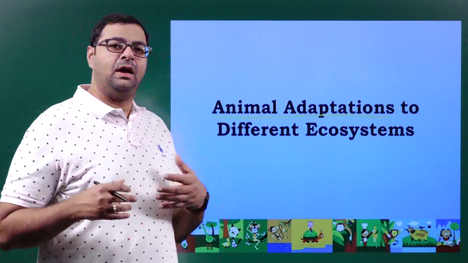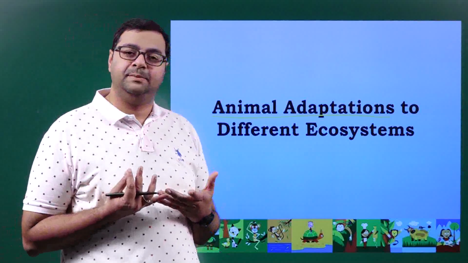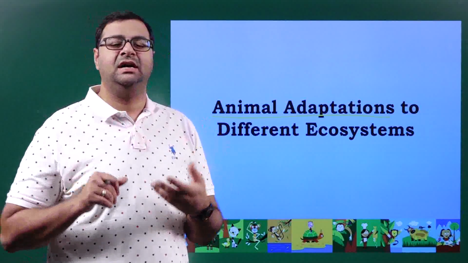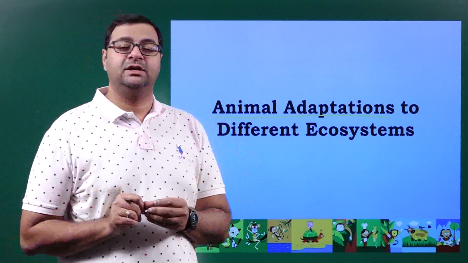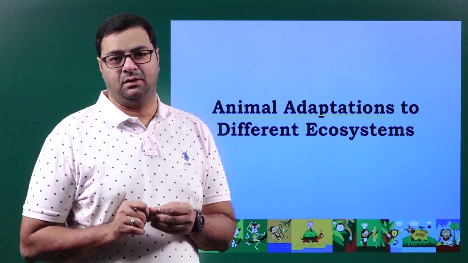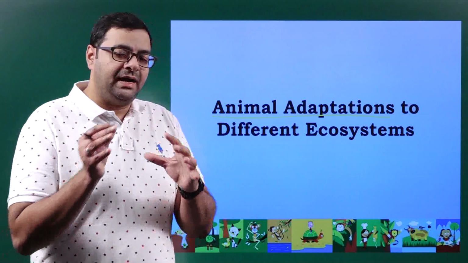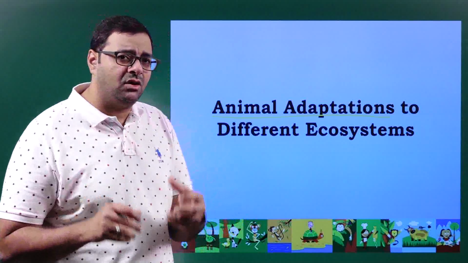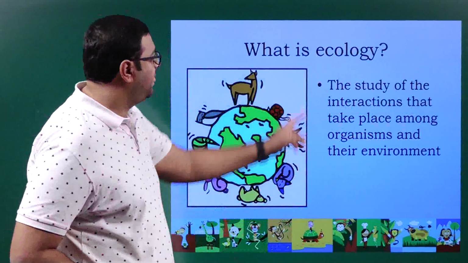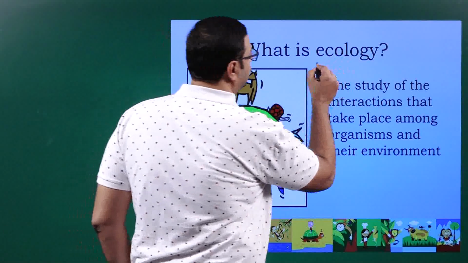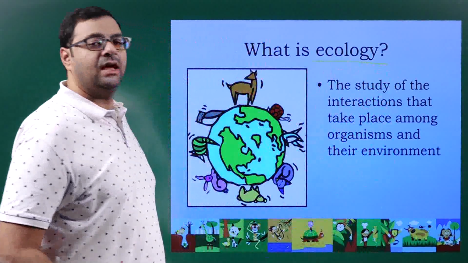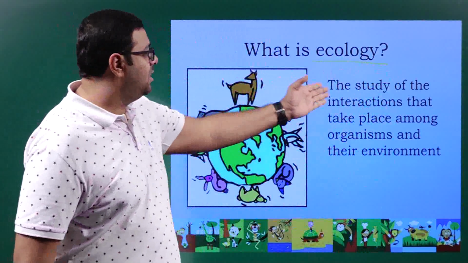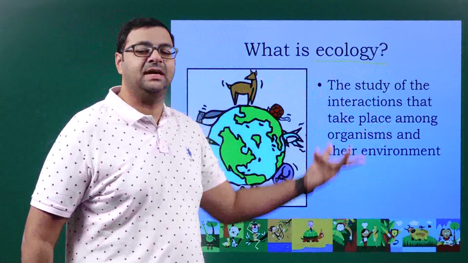Animals adapt themselves to get their food needs or shelter needs, or to get protection from their predators and all. Now this entire branch, animal and plant life, is called ecology. Ecology is basically studying the interactions that take place among organisms and their environment.